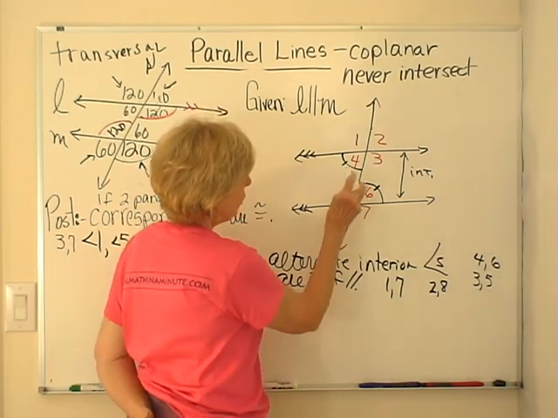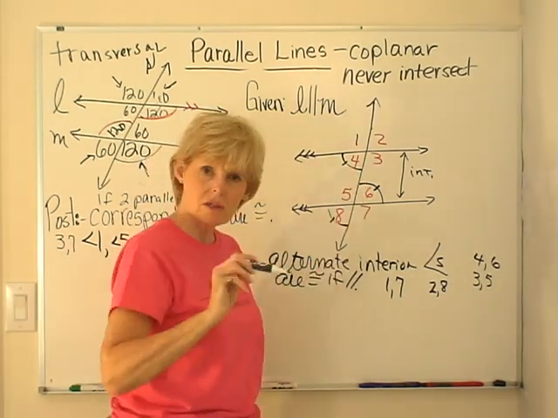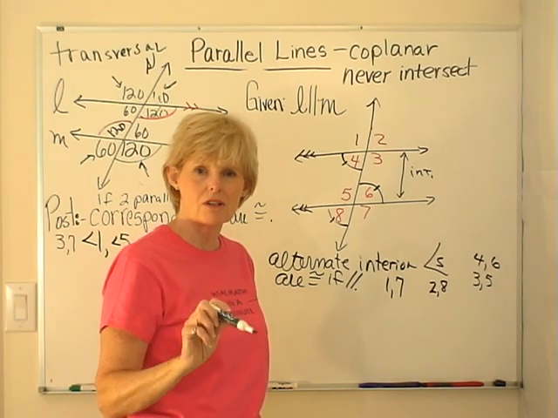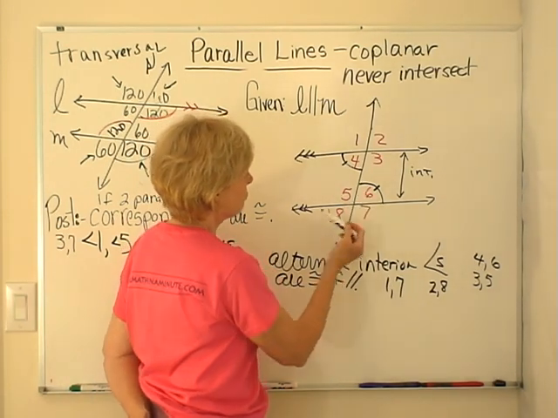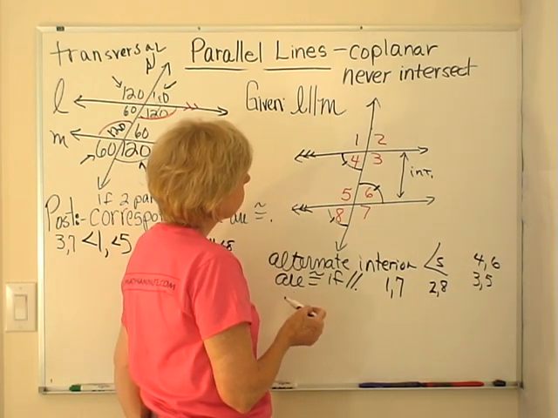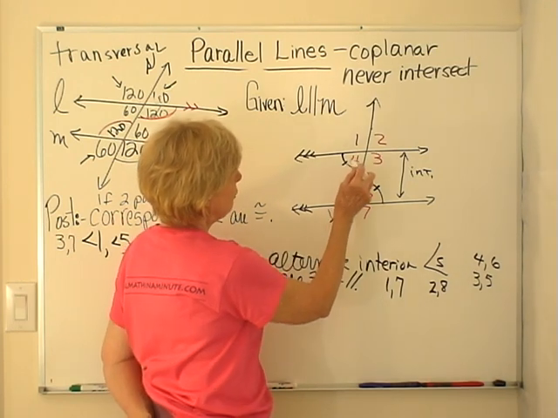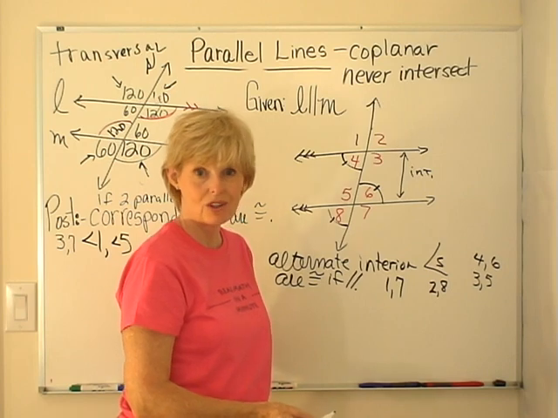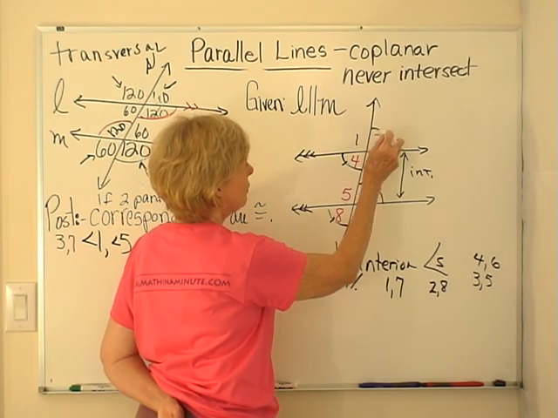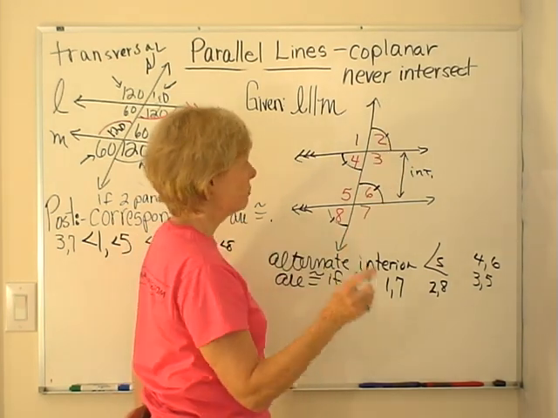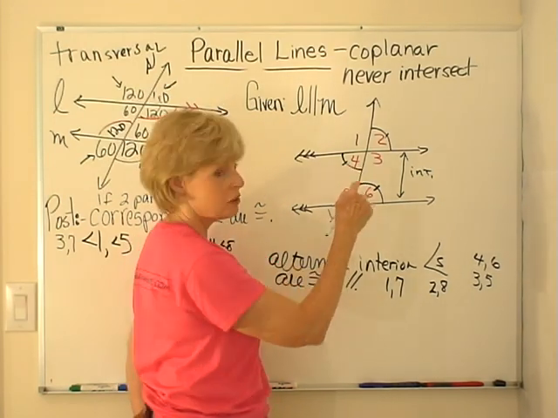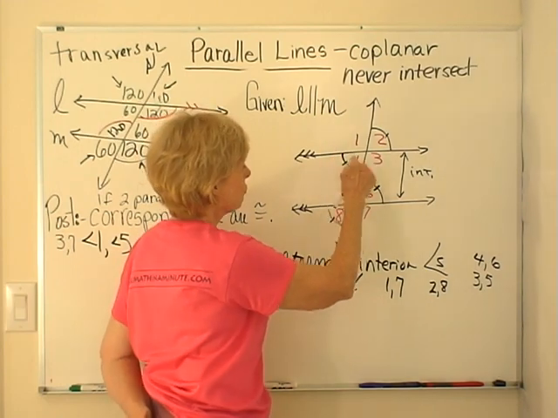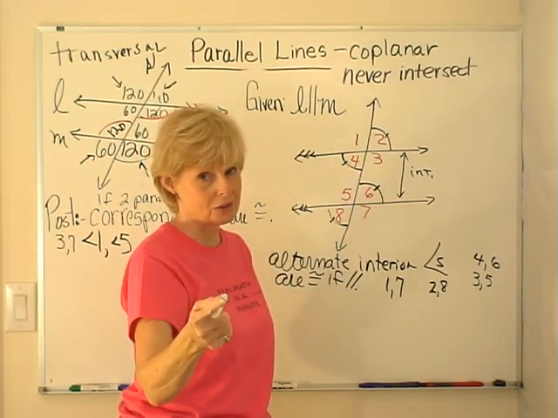All right, let's go back to our 4 and 8. We're basing everything on corresponding angles being congruent because our postulate said that. So if 4 is congruent to 8, what is true about 4 and 2? Vertical angles, yay, it's all good. 4 is congruent to 2. So now look what we've got. 8 is congruent to 4 by corresponding angles, and 4 is congruent to 2 by vertical angles.